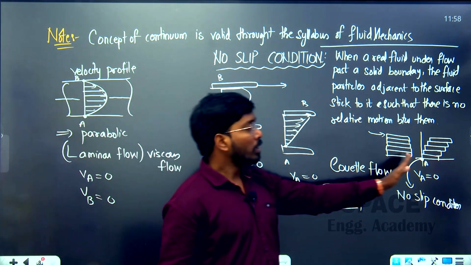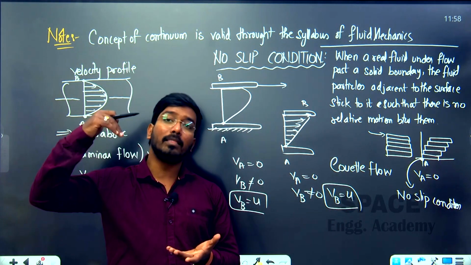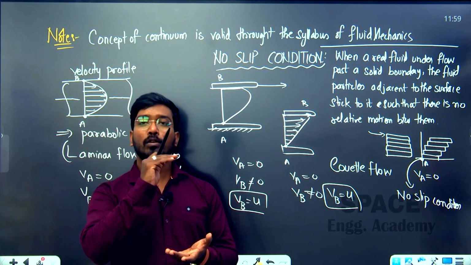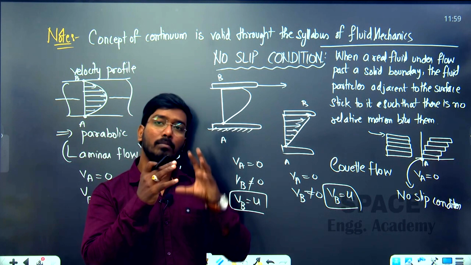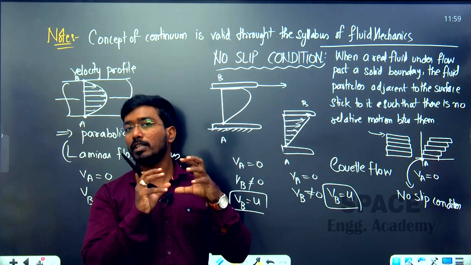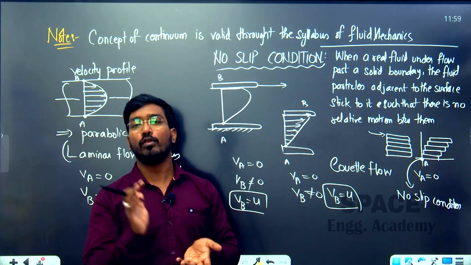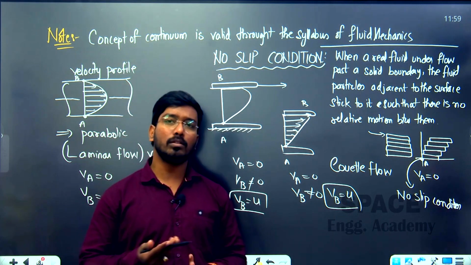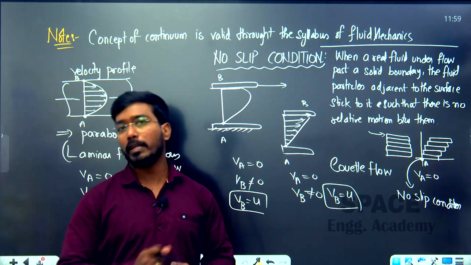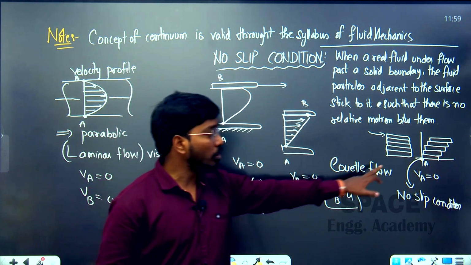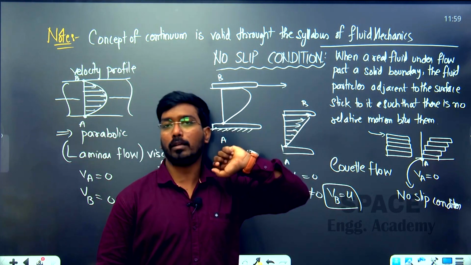Here you can say a pile of books over which I am applying some force on the topmost book. Then the first book is moving, the second book is also moving due to some adhesive motion between these two bodies. So the second book also moves, third also moves, fourth also moves. So you can say cohesion or adhesion, some attraction is there between these books. At last, the bottommost book is not even moving by a mm or micron. Why?